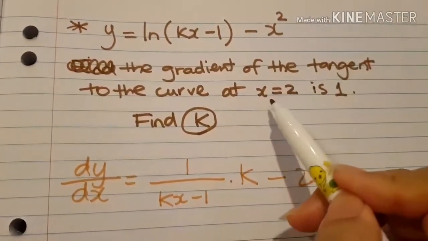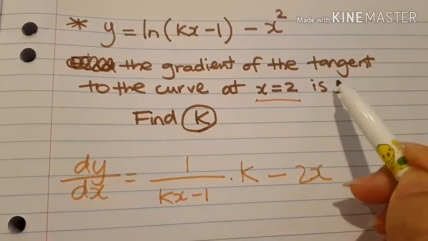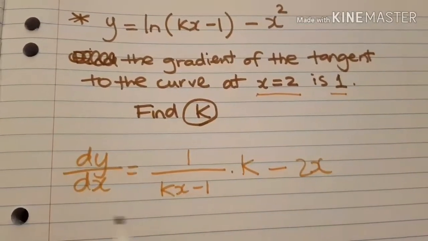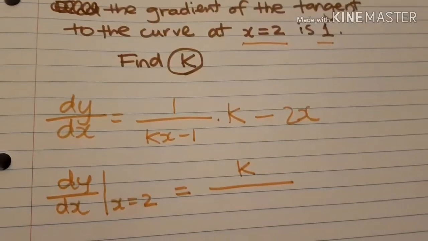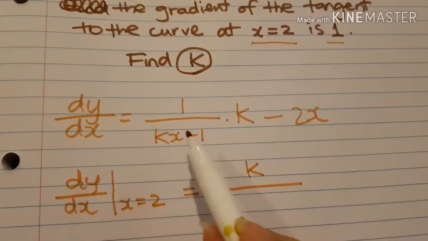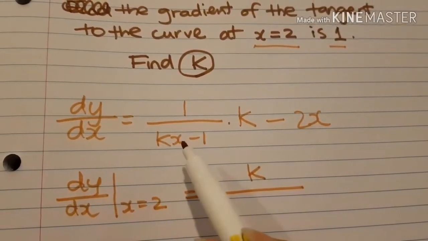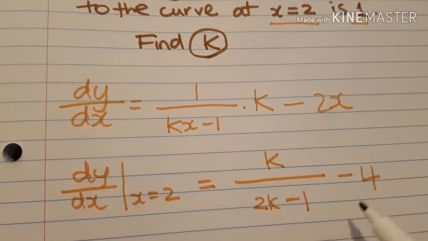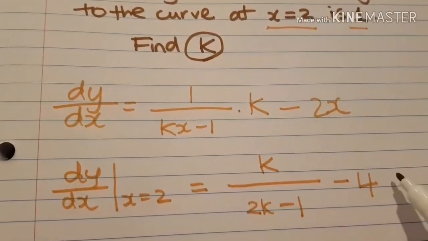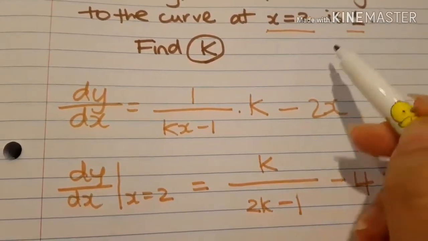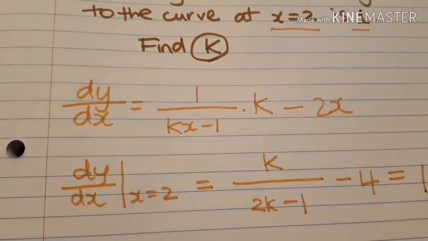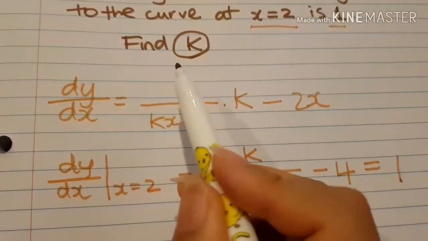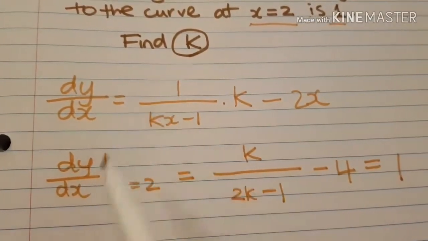In the question it says when x is 2, my gradient is 1. This is my gradient function, so when x is 2, in here instead of x I'm going to put 2. 2 squared will be 4, and this gradient is equivalent to 1, as it says in the question. Now the question is asking us to find the value of k.